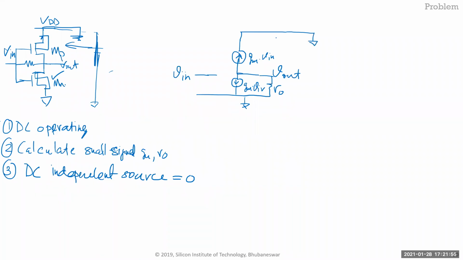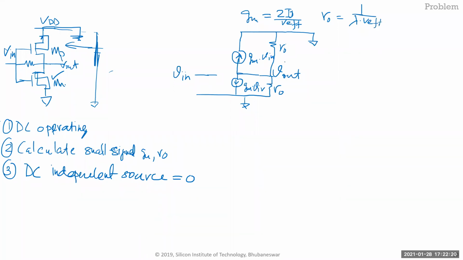And then what is left? The R out of the MP, from this ground to V out, right? And for both, the way they are biased, GM is equal to 2 ID over V effective, right? And R naught is 1 over lambda ID, right?